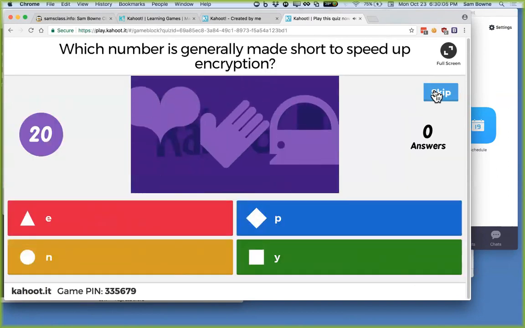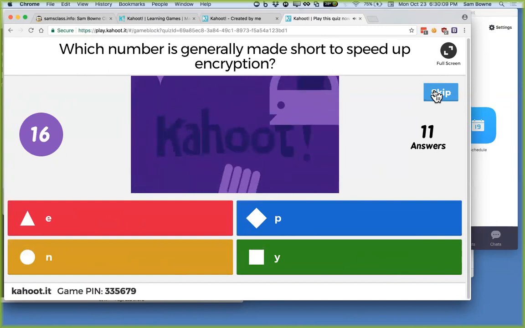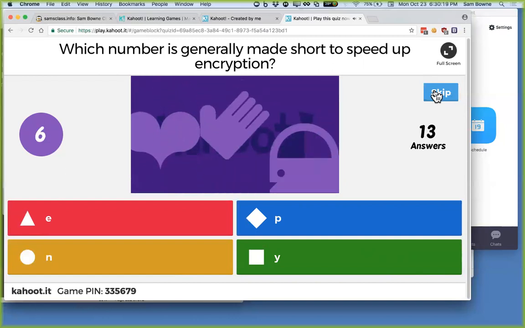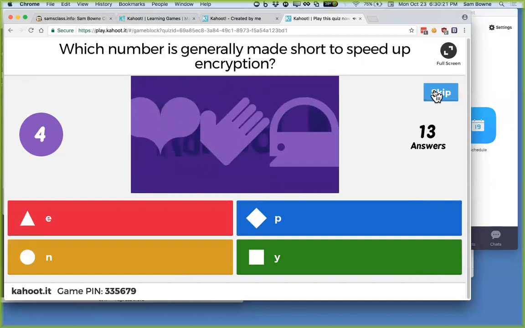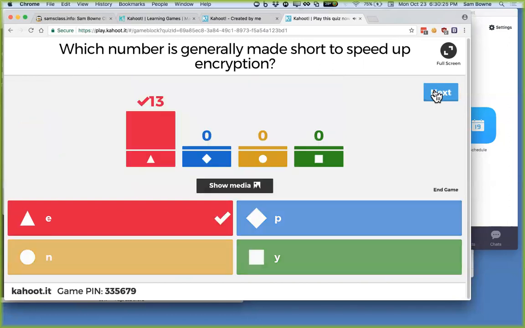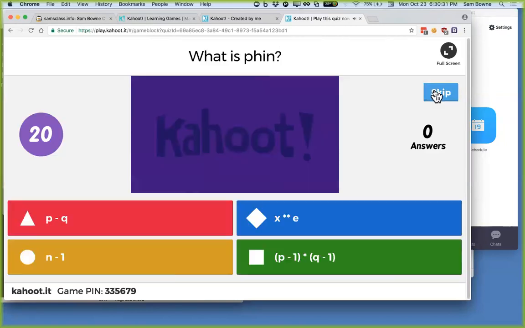Which number is made short? All right, E is small, that's right. Okay, what's fin? Which they write as phi of n.